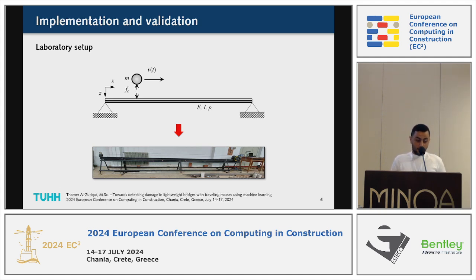So we want to have a use case that is as simple as possible. So we chose to have a steel beam. And for this steel beam, we know the modulus of elasticity, we know the moment of inertia, we know the density. So we can model this beam and generate as much data as we want.